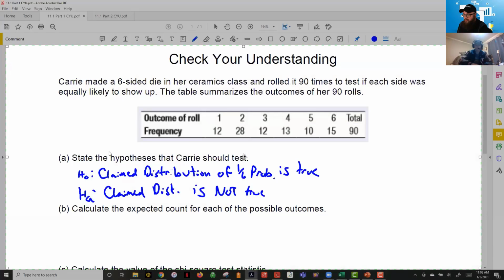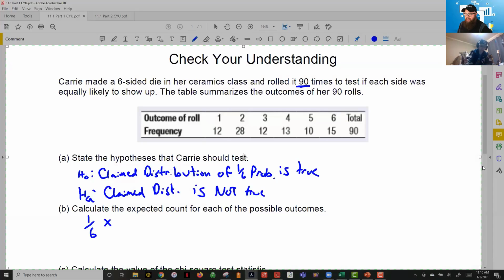Now, calculate the expected count of each of the possible outcomes. We know the probability you told me was 1/6, so we have a 1 out of 6 chance. How many rolls did they say they did? 90 rolls.